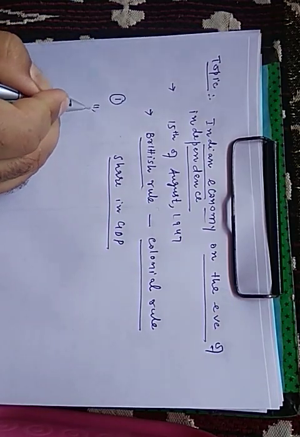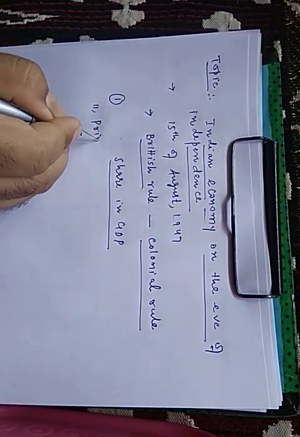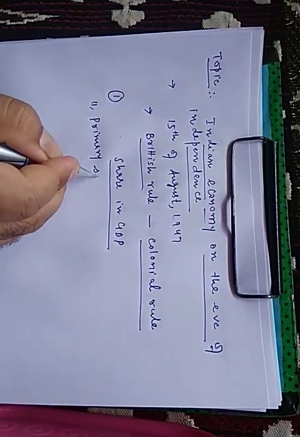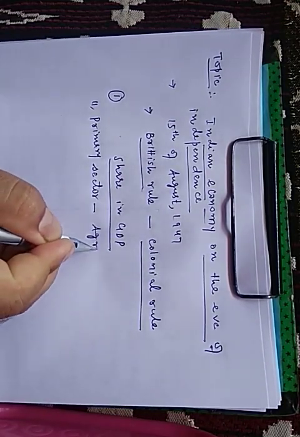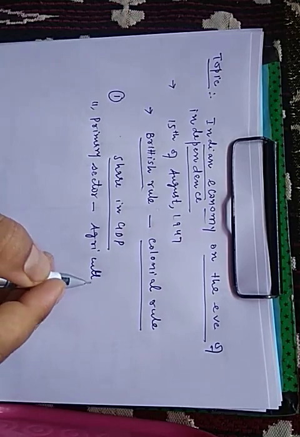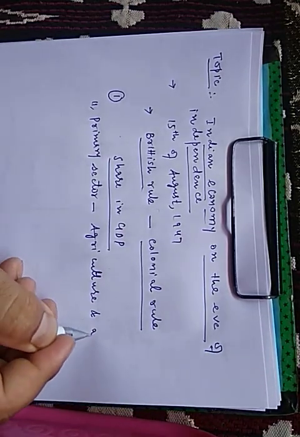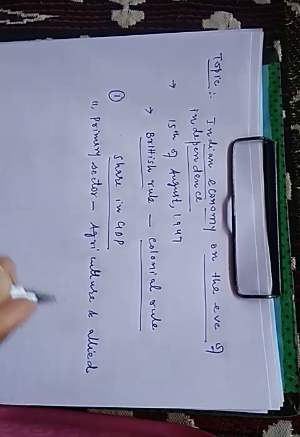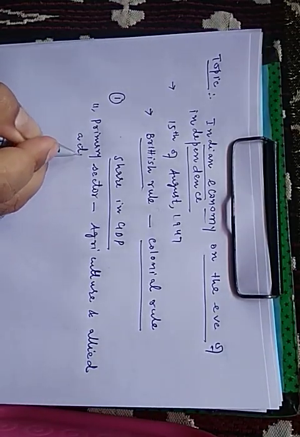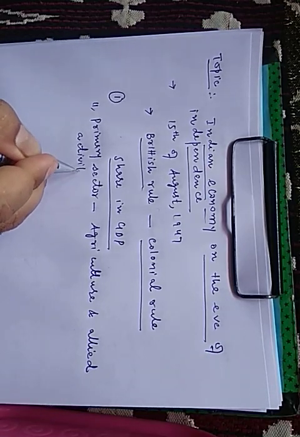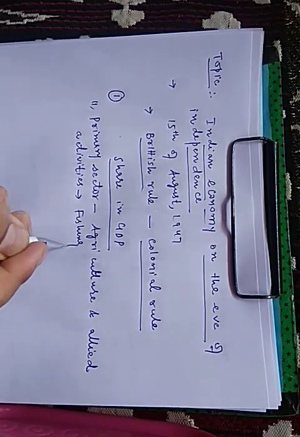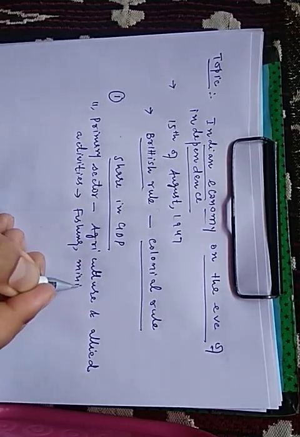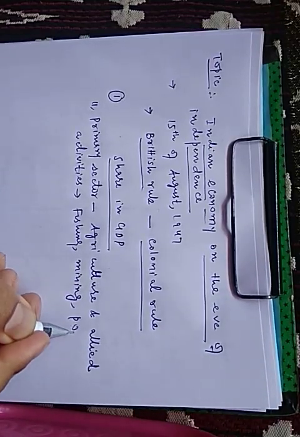Number one, the primary sector, which we also call the agriculture sector. It includes agriculture and allied activities, those activities which are related to and dependent on agriculture, such as fishing, mining, poultry, etc.